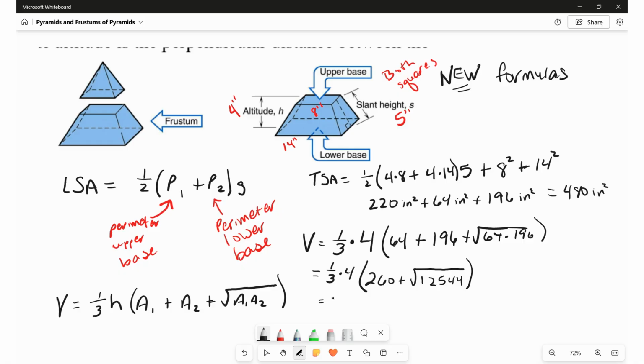And that gives us, if we round it off, approximately 496 cubic inches.